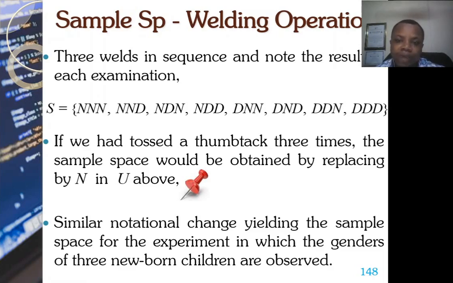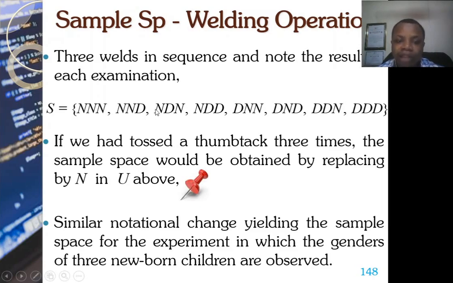In this case, we are going to have multiple outcomes because we are welding in sequence, that is three units per each event. It could be that the first welding will not be defective, the second also will not be defective, and the third will also not be defective. It's also likely that we can have the first one not defective, the second one not defective, but the third weld might be defective.